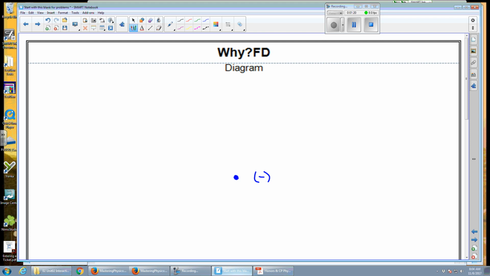So I'm going to place it above it, and I'll just label that the electron. And then the forces on it are going to be its weight, F sub g, and the force I'm going to call F sub E for the electric force, or electrostatic force. All right?